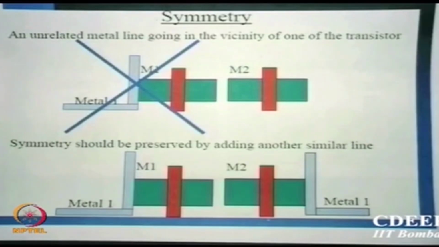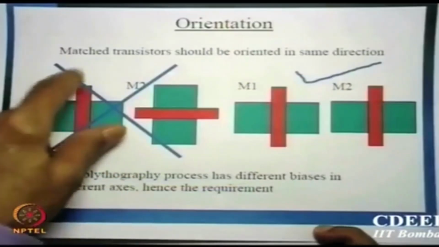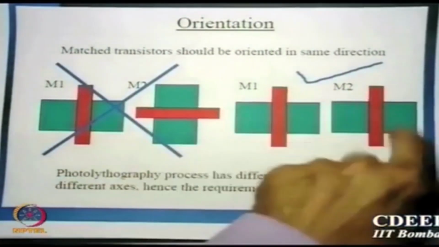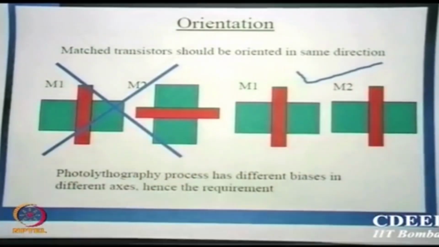Now I must tell you what my worry with this is. This is the next one which I will do as a circuit; maybe you will get this figure. This is also one matching problem. If one is vertical poly and here is horizontal poly, never do the same; always run in the same direction.